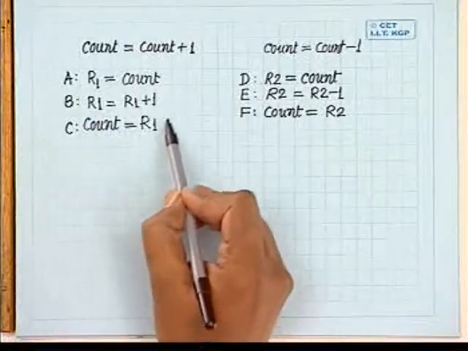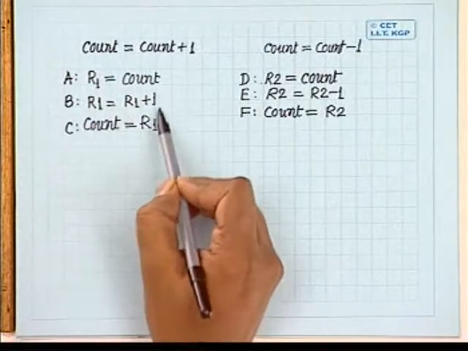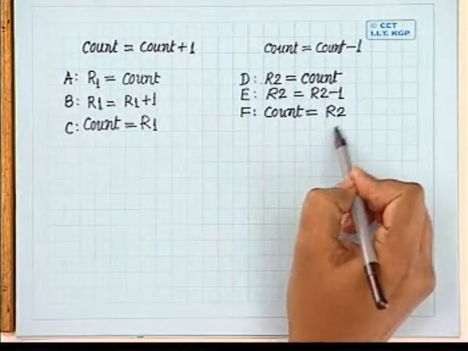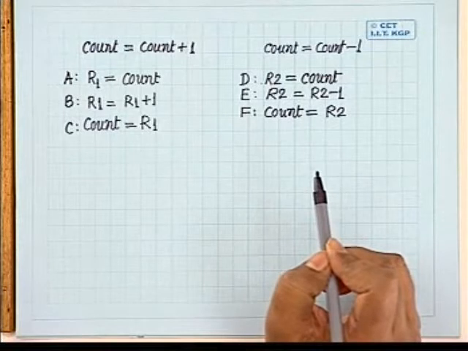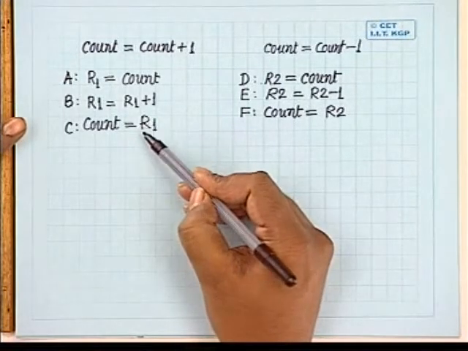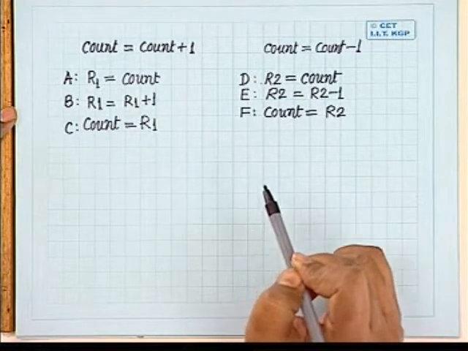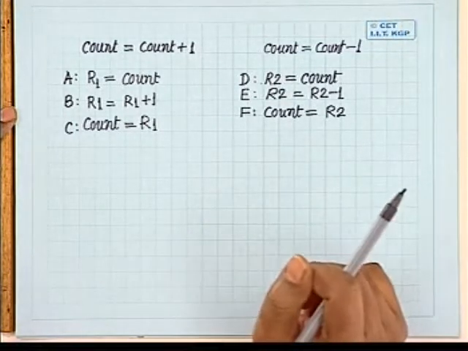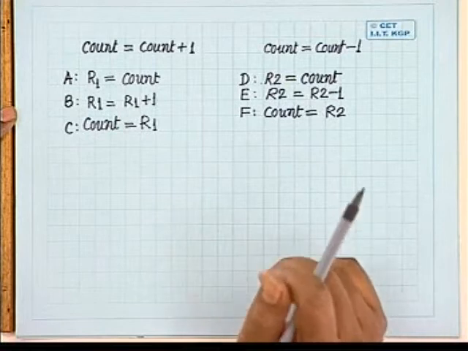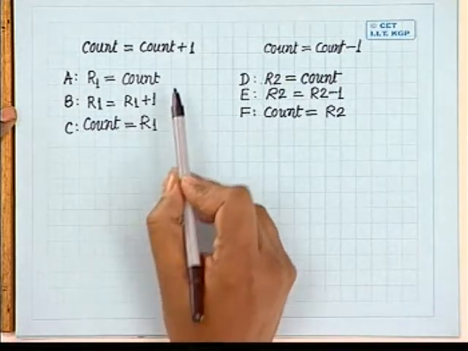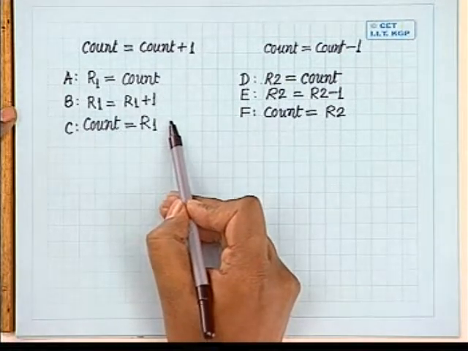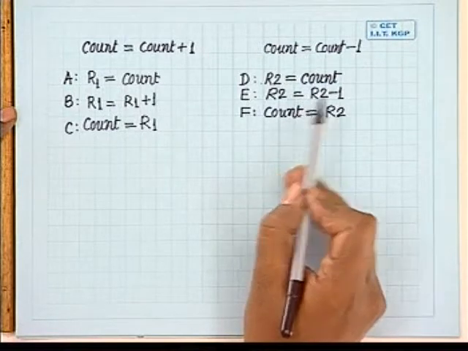So this being a part of the producer process and this being a part of the consumer process, it is quite possible that while the producer process is being executed, in between there is some scheduling which terminates the producer process and allocates the consumer process to the CPU for execution.